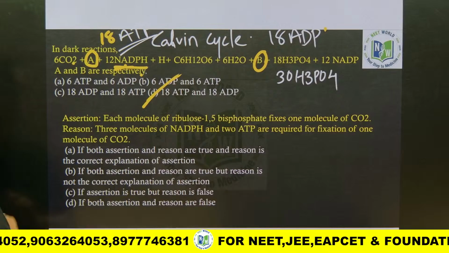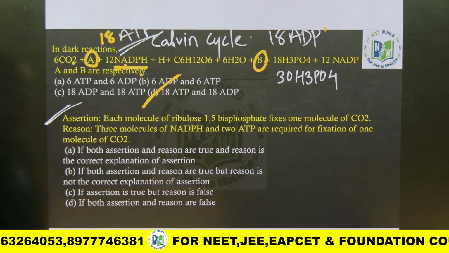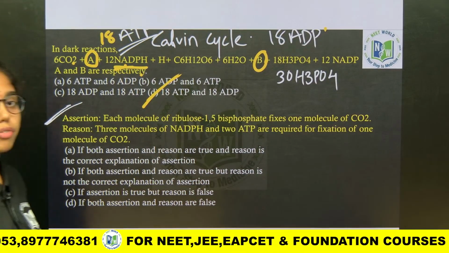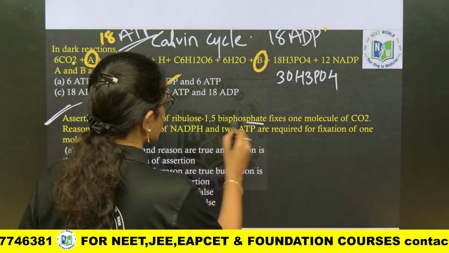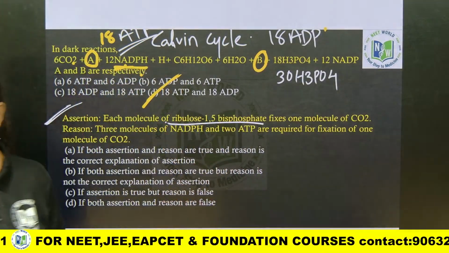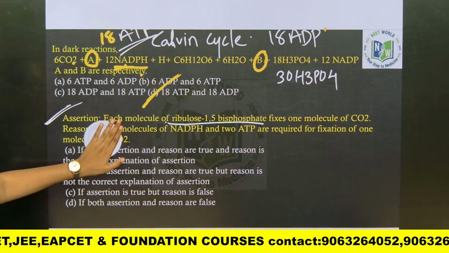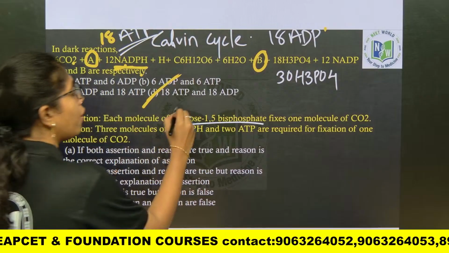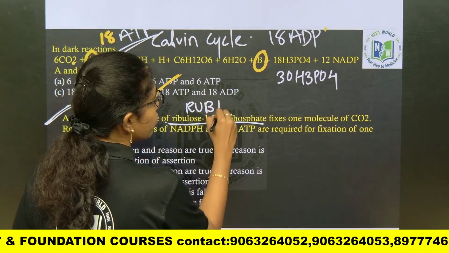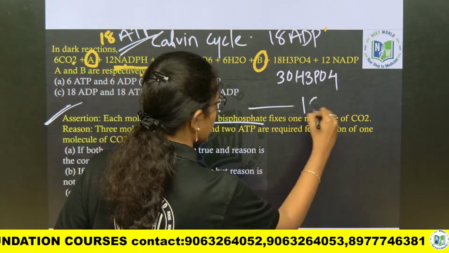Okay. Now, this question you look into, assertion. Each molecule of ribulose 1,5-bisphosphate fixes one molecule of carbon dioxide. Okay. Look into the assertion properly. Each molecule of RuBP fixes one carbon dioxide. This we all know.